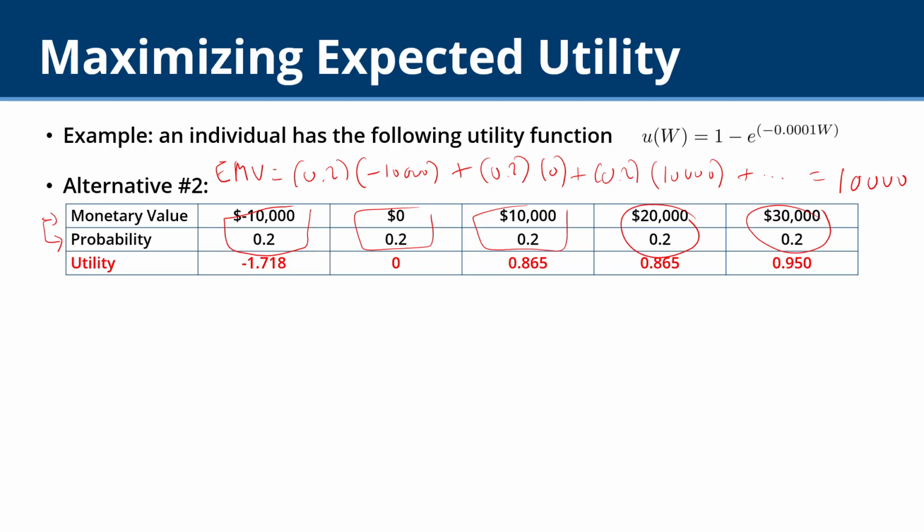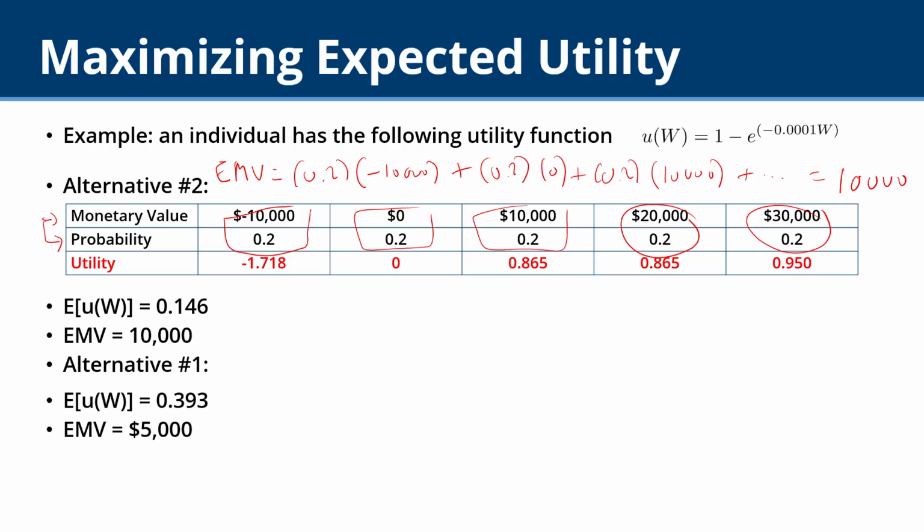Now, when we used the expected utility, we had 0.146 for alternative 2. The expected monetary value was 10,000. For alternative number 1, we also calculated the expected utility to be 0.393. But the EMV for alternative number 1 here is a guaranteed 5,000, so it's just 5,000, right?